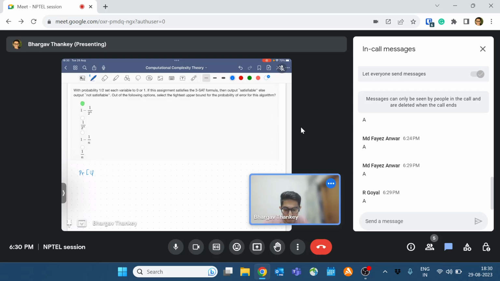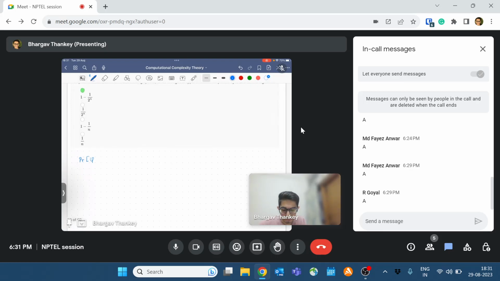We need to upper bound that. And when phi is not in 3-SAT, with what probability does it get accepted? We also need to upper bound that, right? Can this ever happen? That's the point. When phi is not in 3-SAT, phi is rejected.